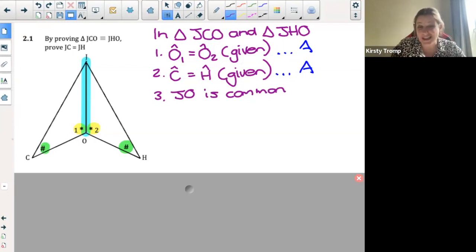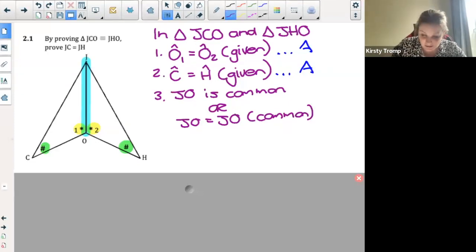Okay, so you can either just say there, JO is common, done. Or you can say JO equals JO, reason common. So that's two different ways that you can say it. All right. And so this is going to be a side.